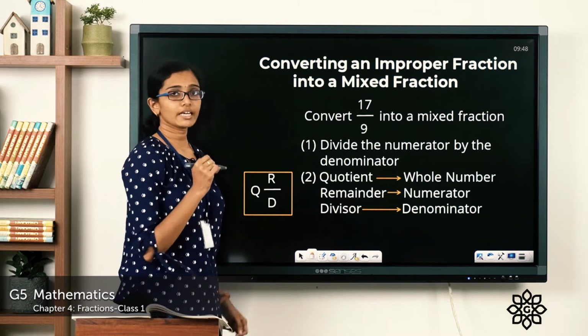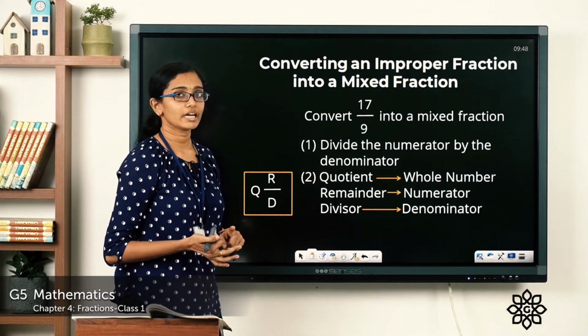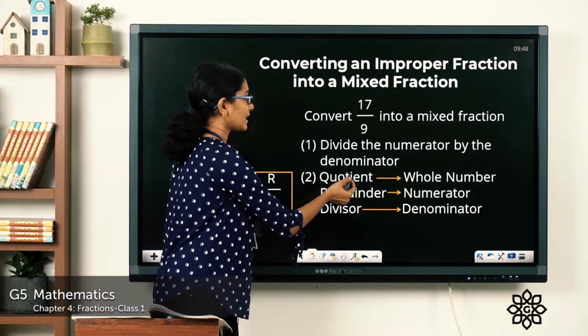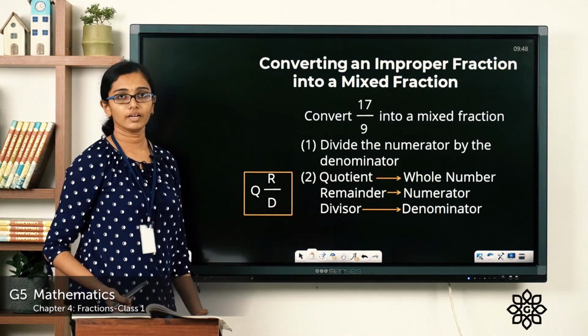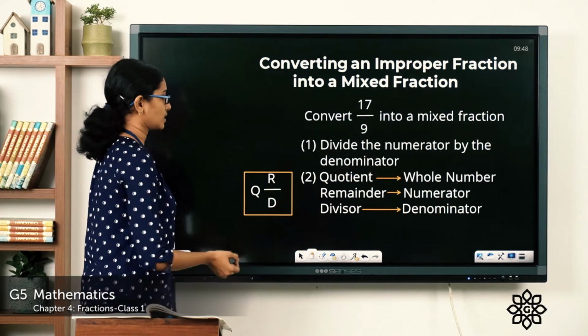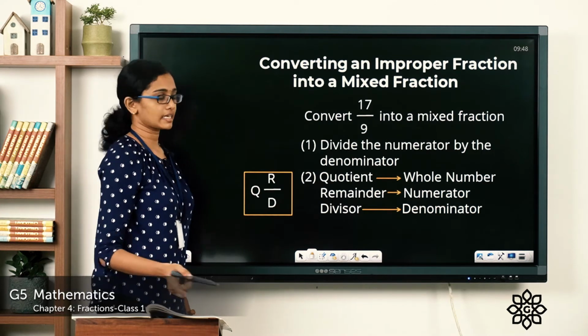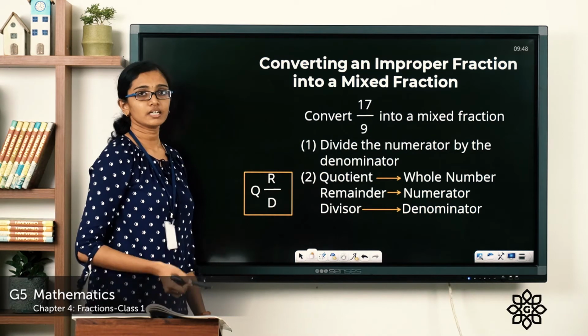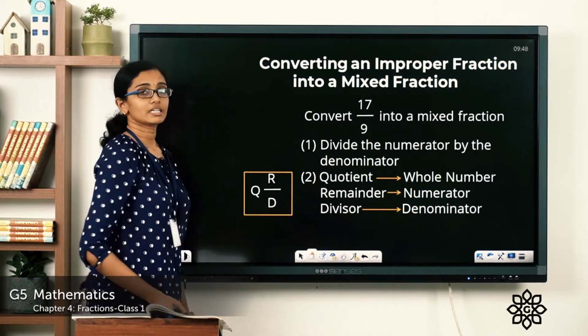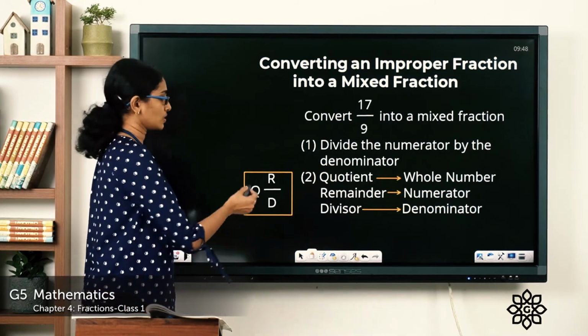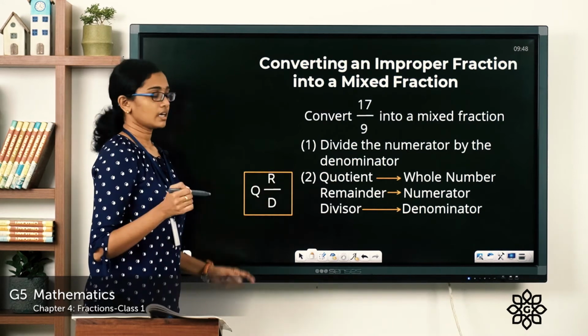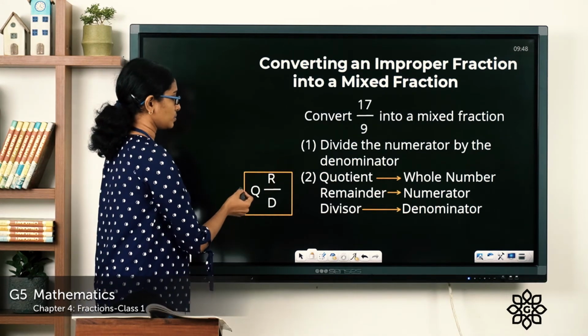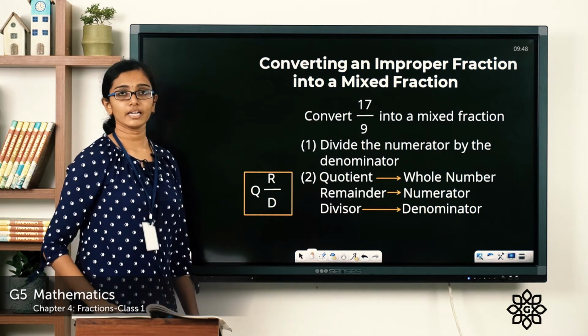Then, you get a quotient, a remainder, and you have a divisor, right? So, you write that quotient as the whole number part of the mixed fraction, the remainder as the numerator, and the divisor that you have in the question will be the denominator of the mixed fraction. So, you can use this formula to write the mixed fraction here. It will be quotient, remainder by divisor.